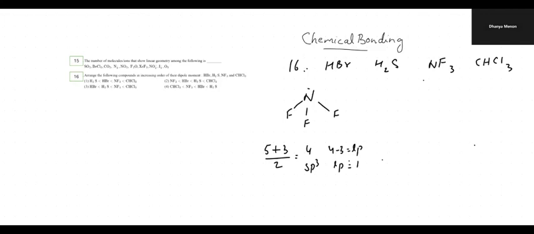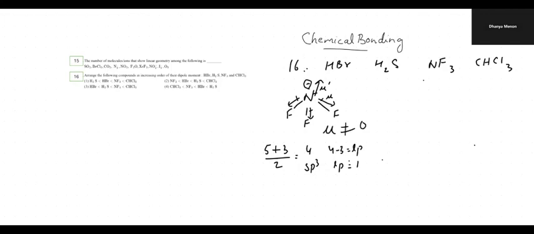And this is the dipole. This is a dipole due to the lone pair. Although they are in the opposite direction, mu and mu dash are not equal, so they don't cancel. So overall, mu is not equal to 0.